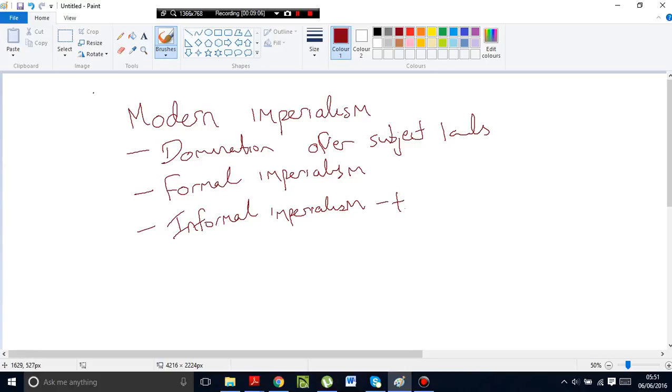So it was more focused on trade, economics, whereas formal was military and political control.